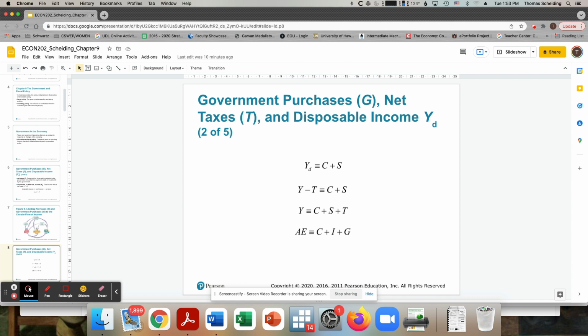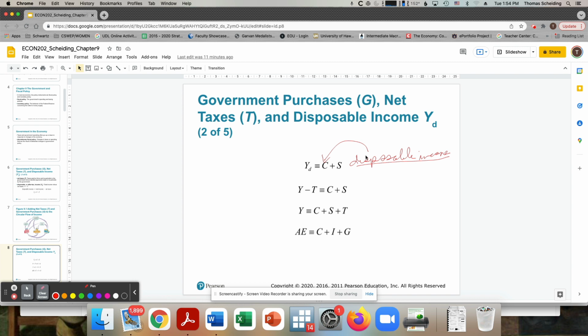But the equations do make a little bit more sense, at least to me. So I'm going to talk about them a little bit more. So here we've got disposable income. And we're essentially saying that with disposable income, it can go to one of two things, and only two things.